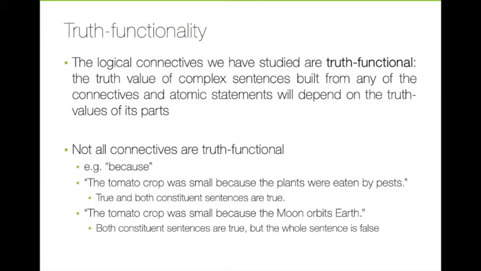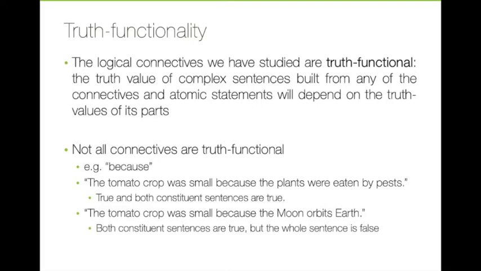So if we take a sentence like, the tomato crop was small because the plants were eaten by pests. That whole sentence is true, and both constituent sentences are true. So the constituents were the tomato crop was small and the plants were eaten by pests. But just because the two parts are true doesn't always make the sentence as a whole true.